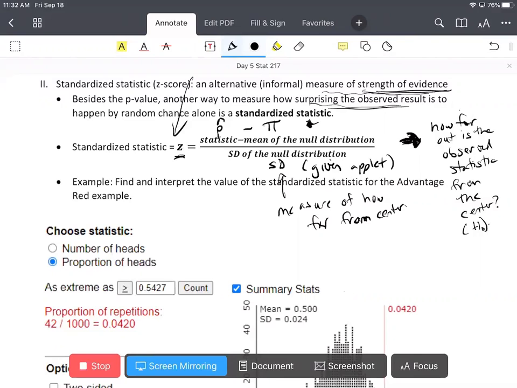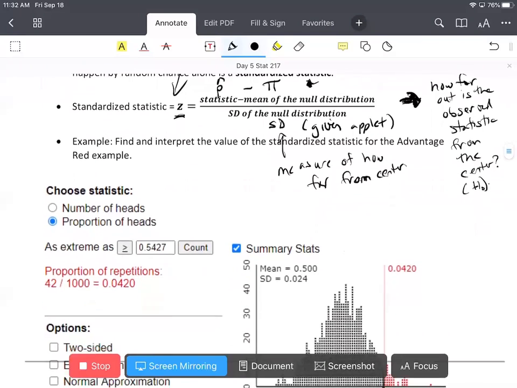So it's going to take into account the variability already. And it tells us how far away the observed statistic is from the center, the center being where H sub 0 is, in other words, our null hypothesis.